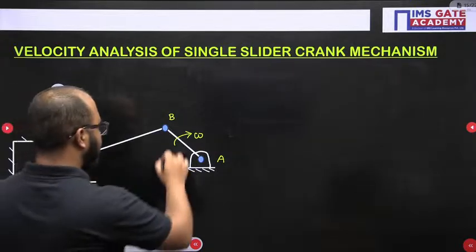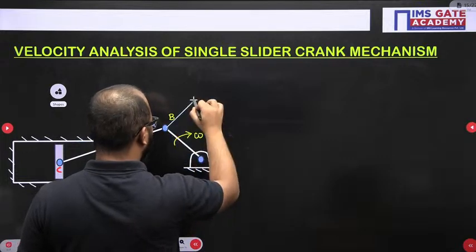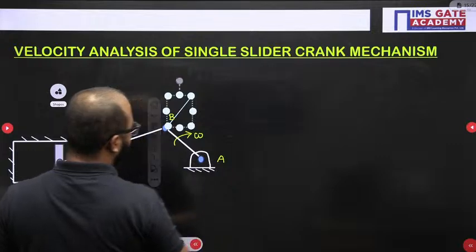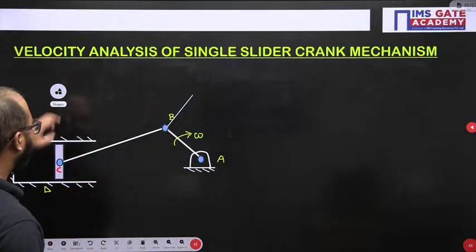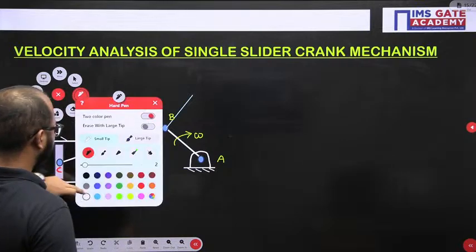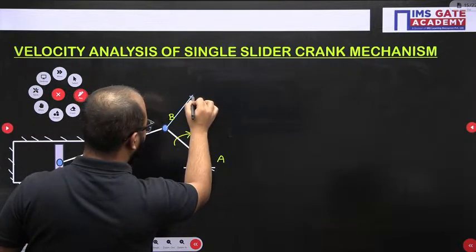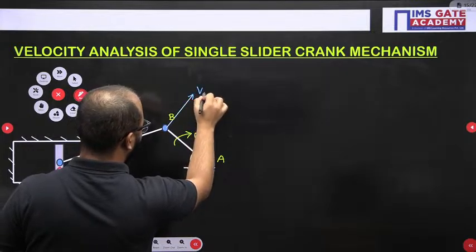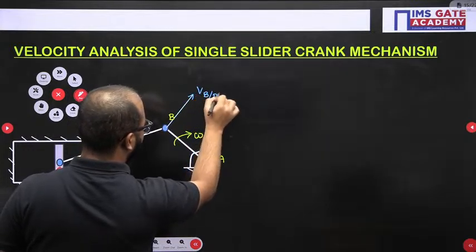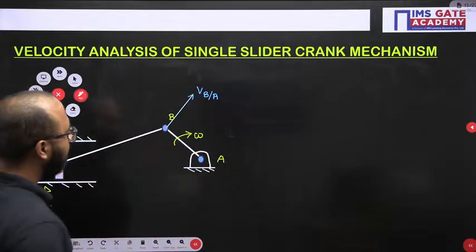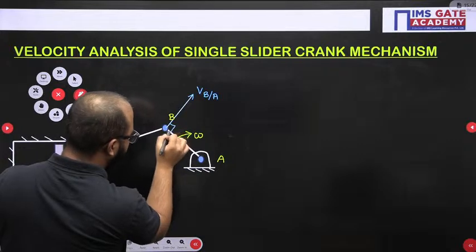So first of all, B with respect to A will be perpendicular to link AB. B with respect to A I have drawn, and it will be perpendicular to link AB. Fine, done.